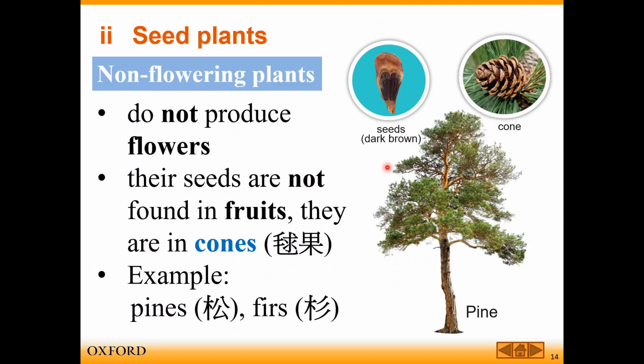Apple is a fruit, so non-flowering plants won't have apples or lemons. Very common examples are pines and firs.